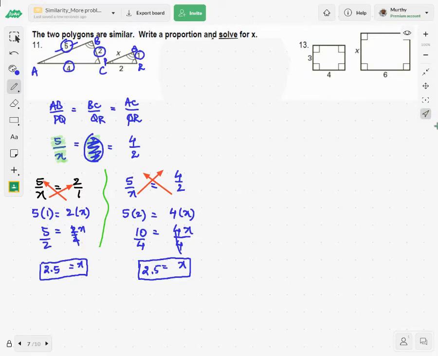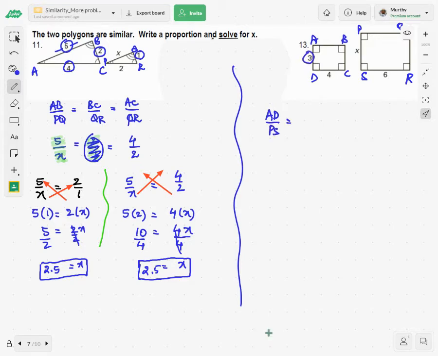So the next question I'm skipping because I'm sure you can set up a proportion. You may name them as A, B, C, D. You can take any letters of yours. Here, you may name them as P, Q, R, S. Then the corresponding sides AD over PS.